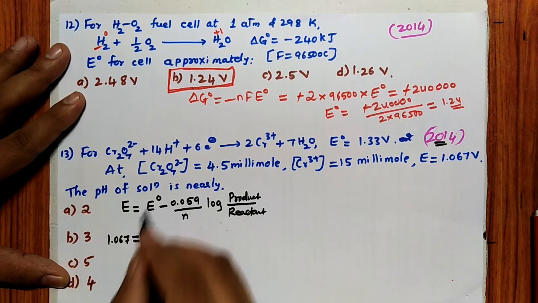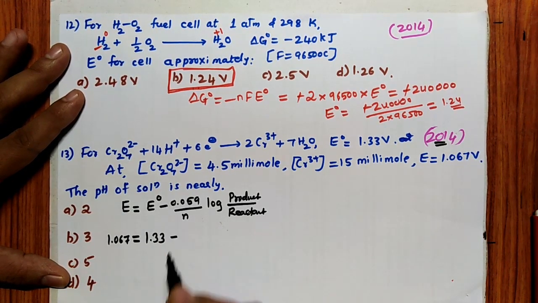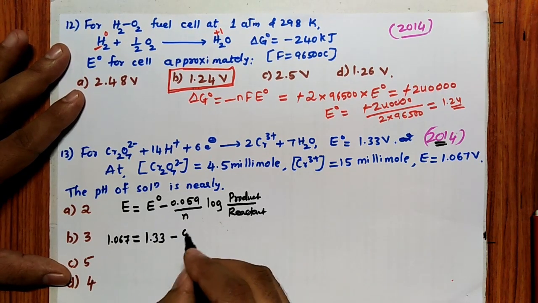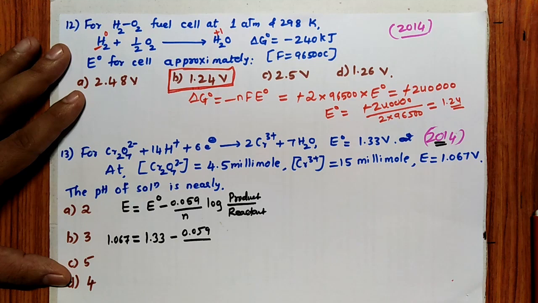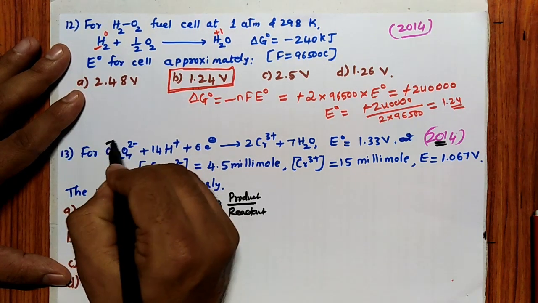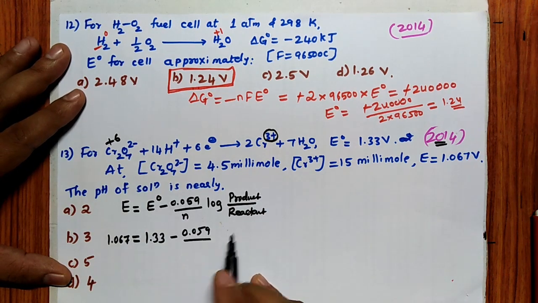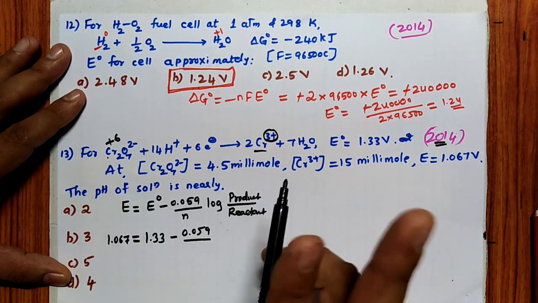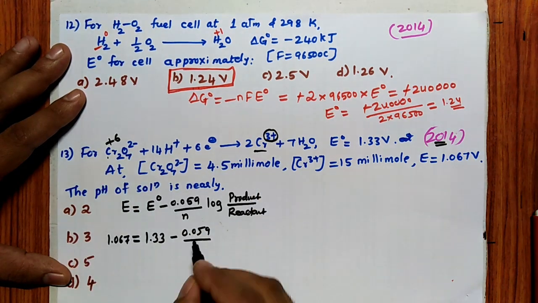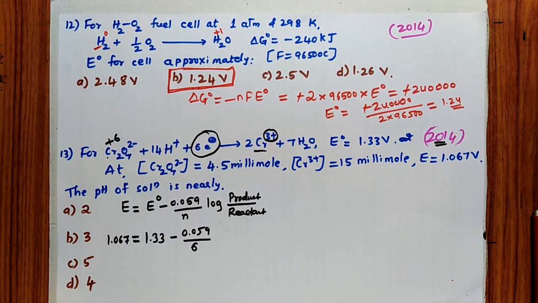Now E value is given: 1.067 is equal to E naught value, which is also given, 1.33, minus 0.059 divided by N. What is the N value here? Calculate N for Cr6 plus to Cr3 plus. Already I have told in one of the problems, 2 Cr is there, correct? So 1 Cr to 1 Cr, 3 electron change; 2 Cr is there and 6 electron change, hence the answer is 6. That too, 6 electron is already given, directly substitute it here.